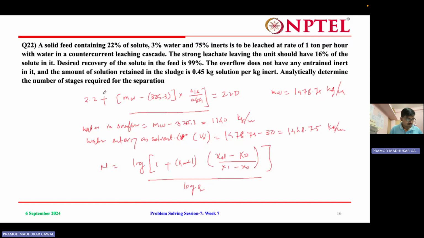So here r is equal to V naught dash divided by L dash, right?